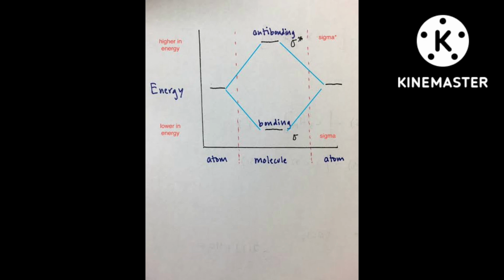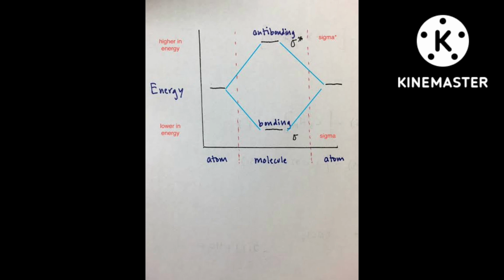In contrast, opposite to this, the electrons placed in the anti-bonding molecular orbitals destabilize the molecule. That's why the name has been given anti-bonding. Anti-bonding molecular orbitals destabilize the molecule.